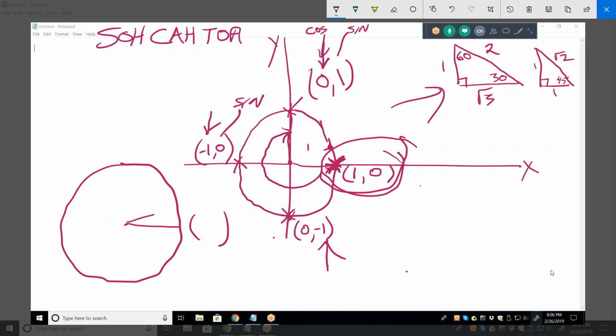Then they're going to go 30 degrees. They want to know that point. And they're going to go 45 degrees. They want to know that point. And they're going to go 60 degrees. They want to know this point. And they're going to go 90 degrees. And then they're going to repeat in all 4 quadrants. In other words, the next one they're going to ask for is a 120 degree angle.